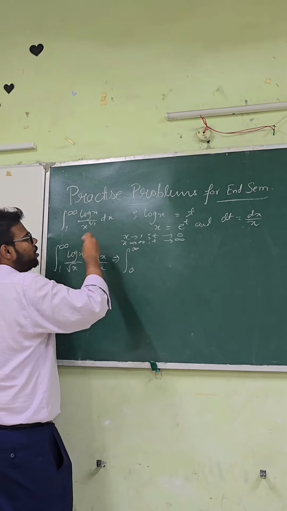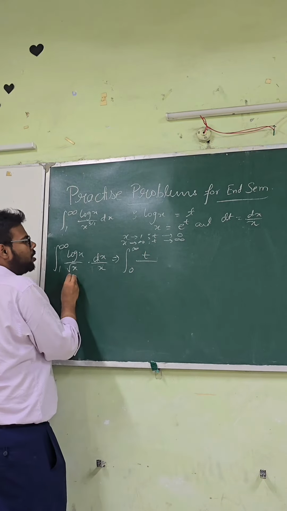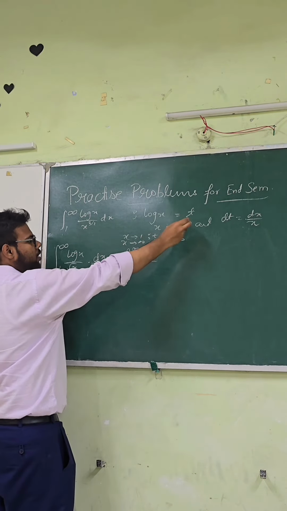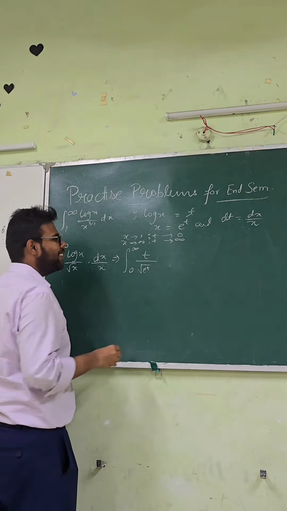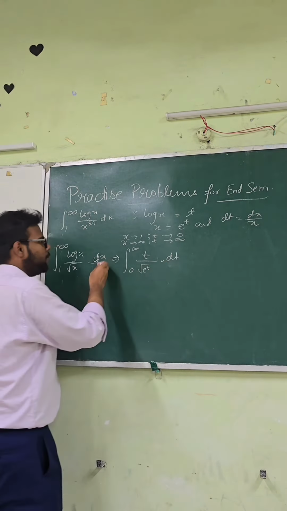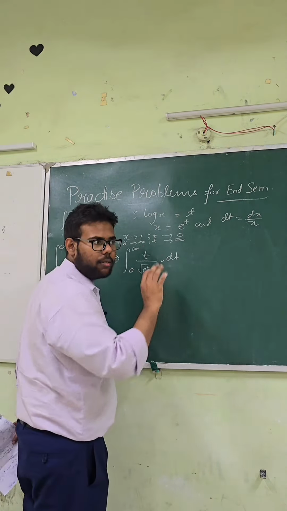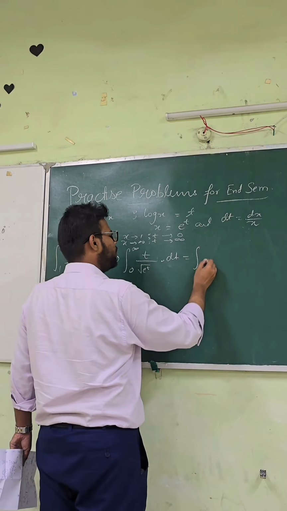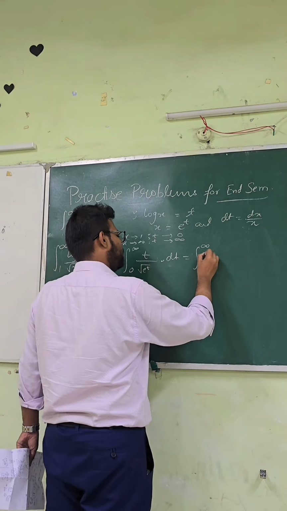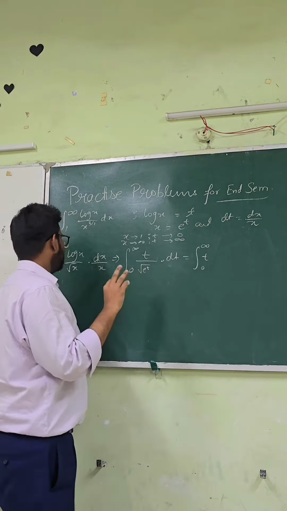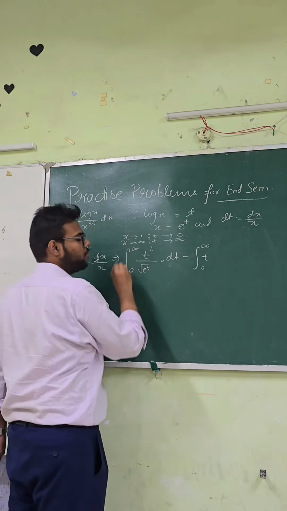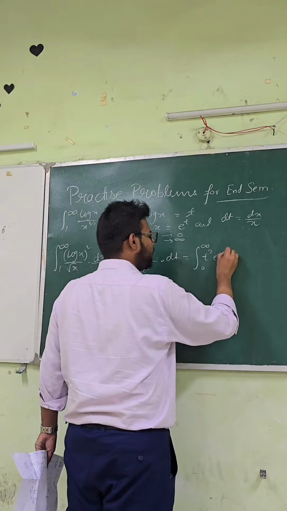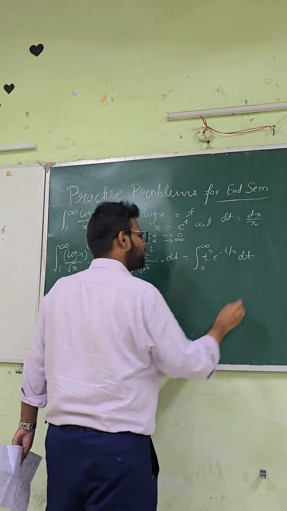Log x is equal to t, x is equal to e to the power t, so you get root of e to the power t, into dt, since dx by x is equal to dt, right? Okay, so you get 0 to infinity of log x whole square, so it will be t square, t square e to the negative t by 2 dt, right?